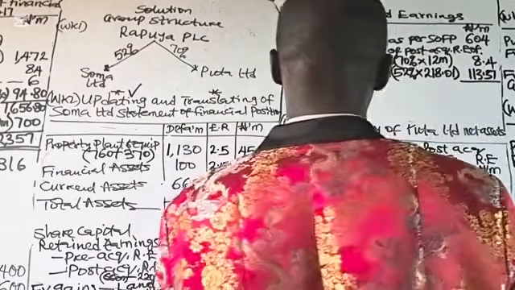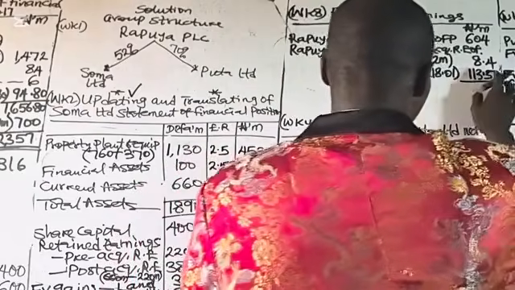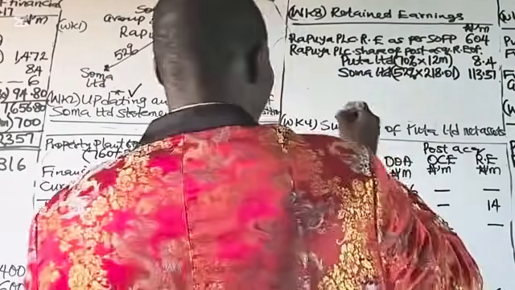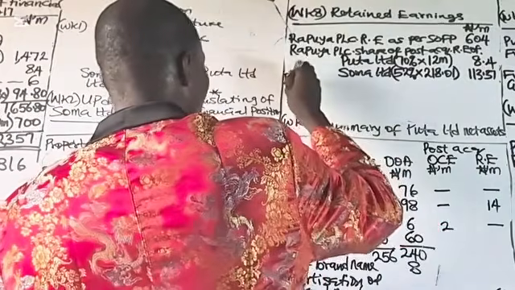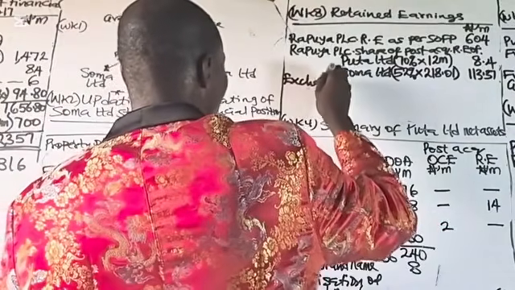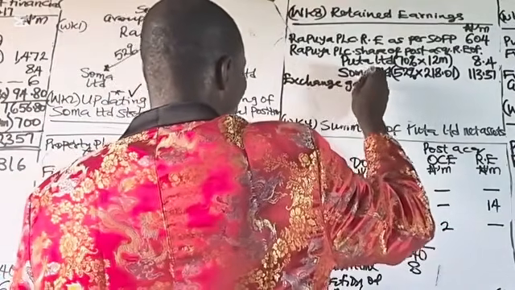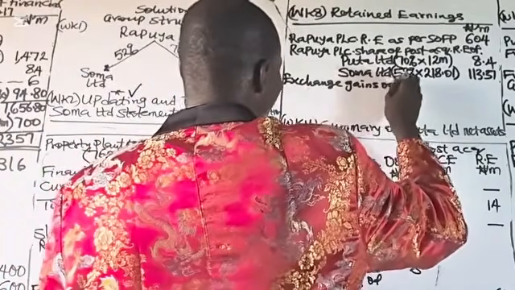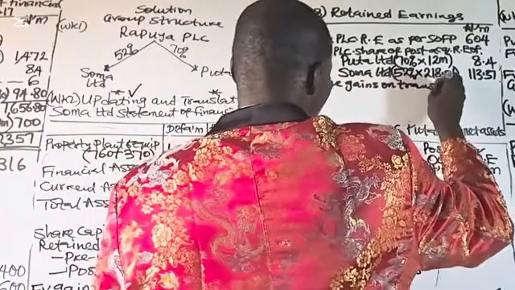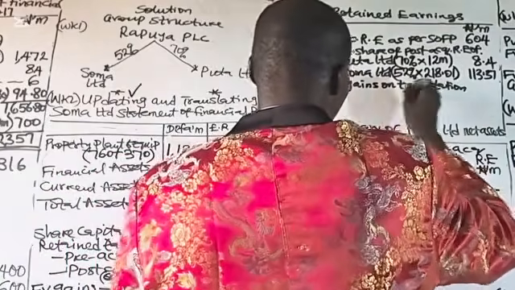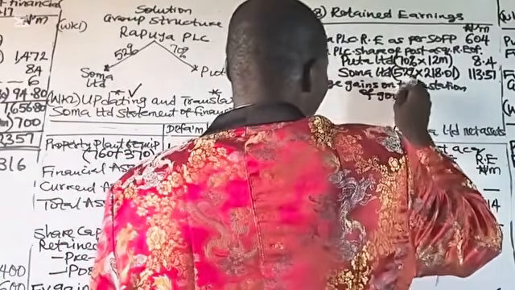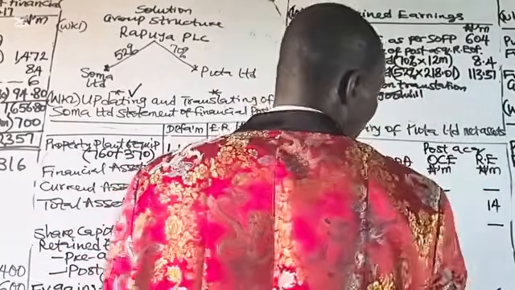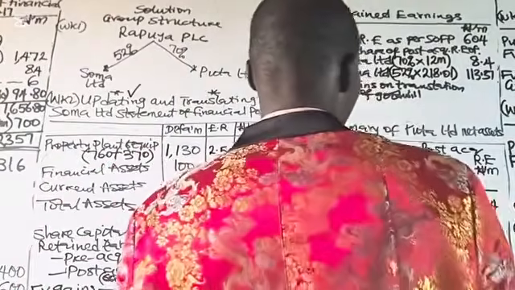So if you sum them, then we have exchange gains on translation of goodwill. This was obtained from working number 7.